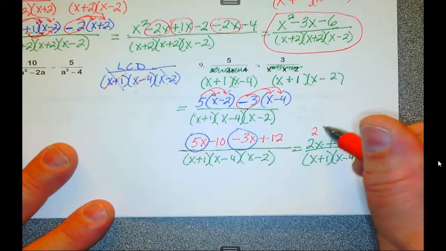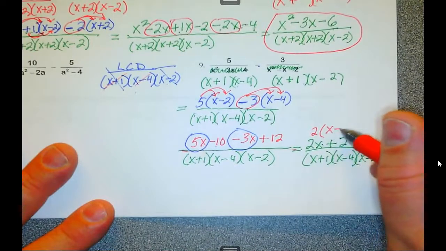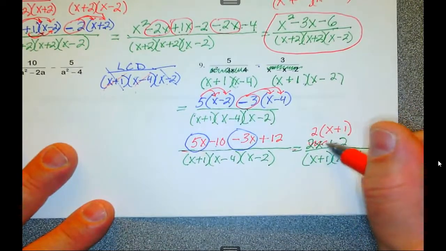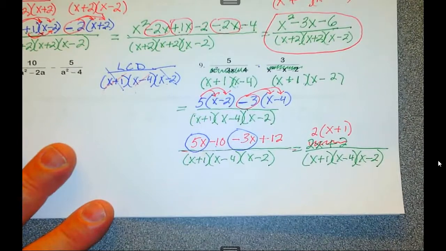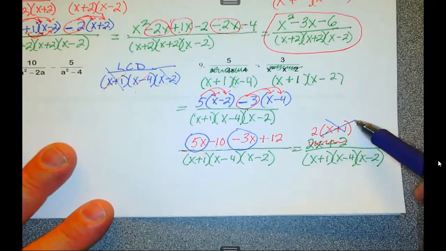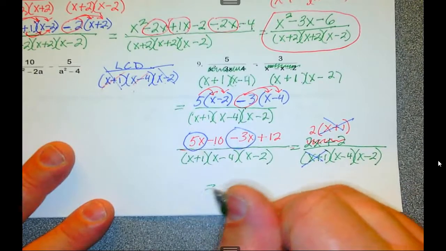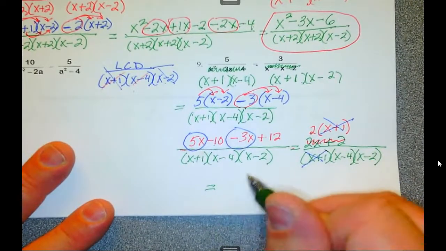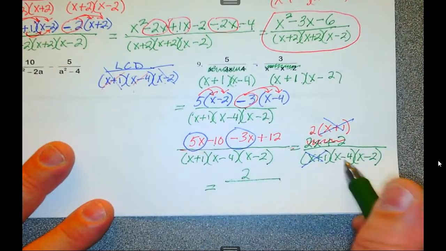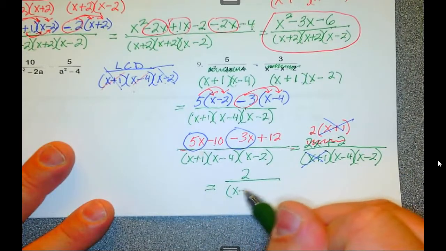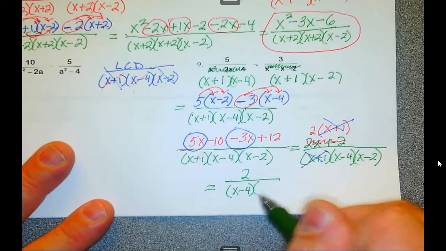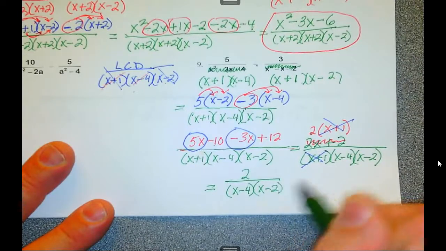I can take out a 2. I get x plus 1 as my new numerator. And lo and behold, I can cancel out an x plus 1. So my answer is 2 over x minus 4 times x minus 2.